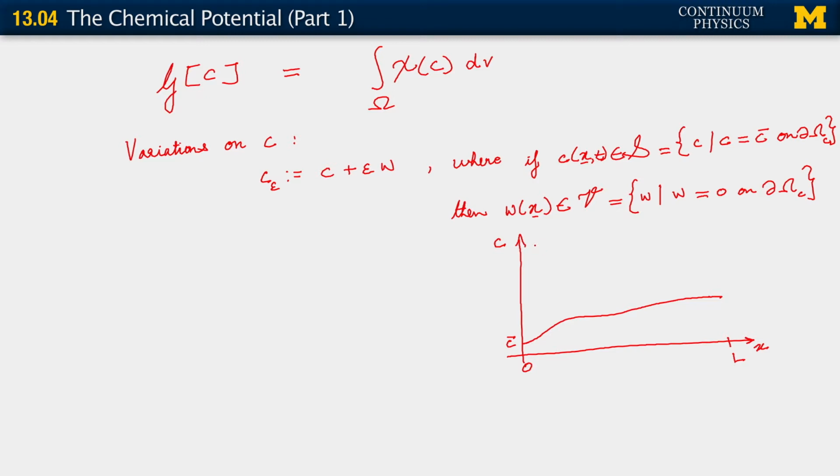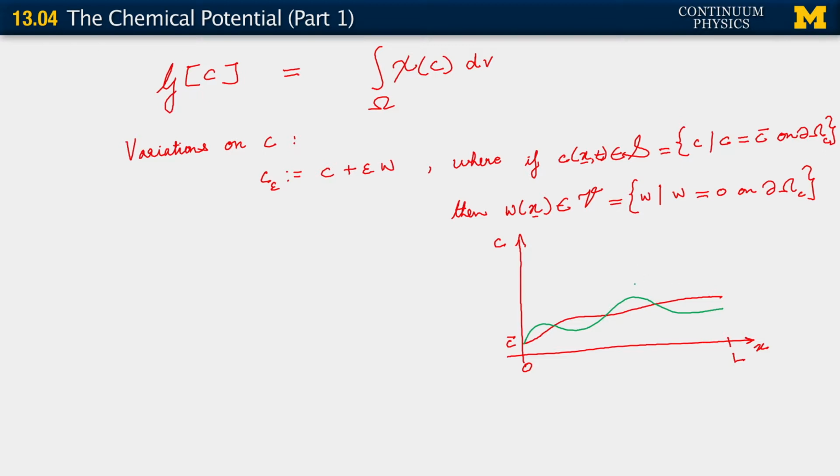Just as we did in the context of our nonlinear elasticity problem, we now want to look at the field with the perturbation, so maybe it looks like something like that.